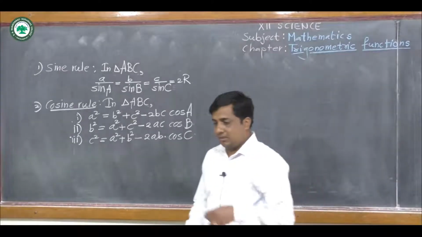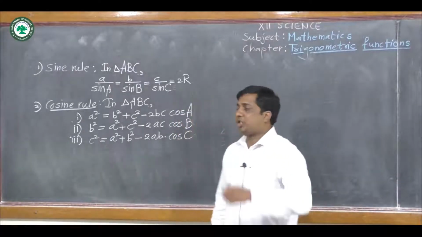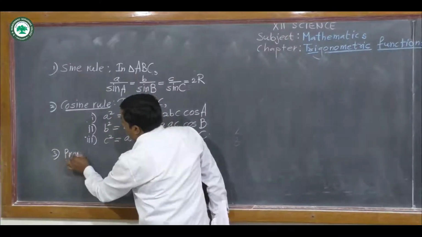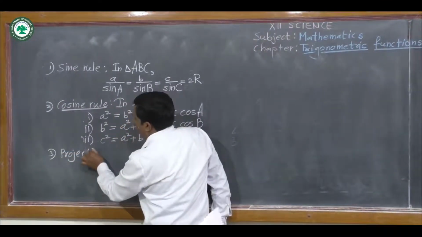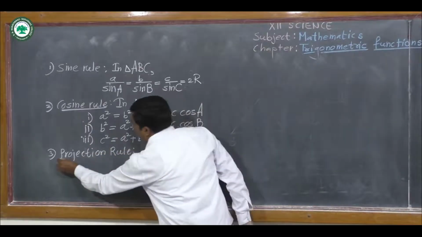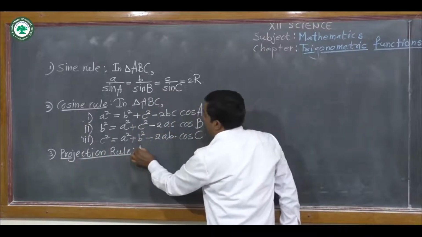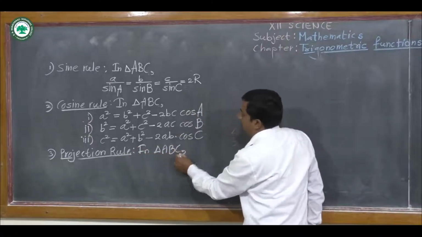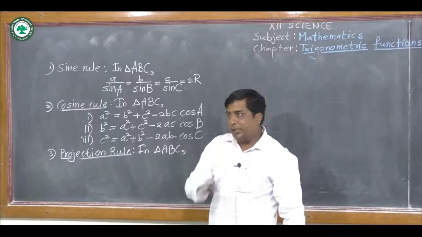And in this lecture, we consider the projection rule, the third rule. To define the projection rule, we consider triangle ABC. In triangle ABC we again have three relations.